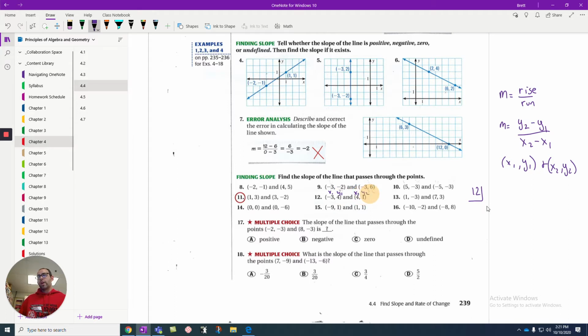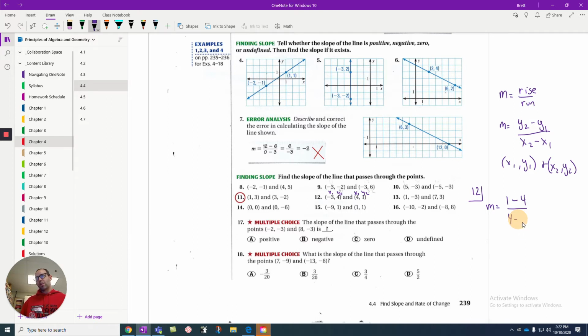So when I use the slope formula, all I have to do is take my y2, which is 1, subtract my y1, which is 4, divided by x2, which is 4, minus my x1, which is a negative 3.